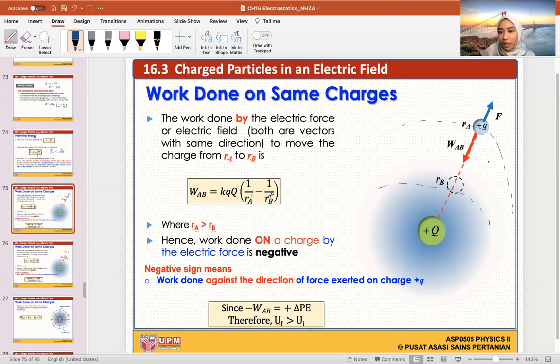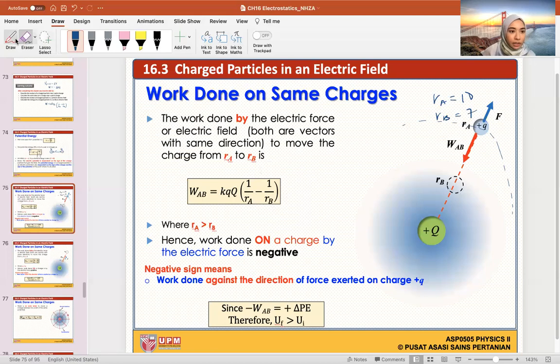Let's say RA is 10, RB should be smaller, maybe 7. So RA is greater, it's further. The distance between the source charge and point RA is greater than RB.